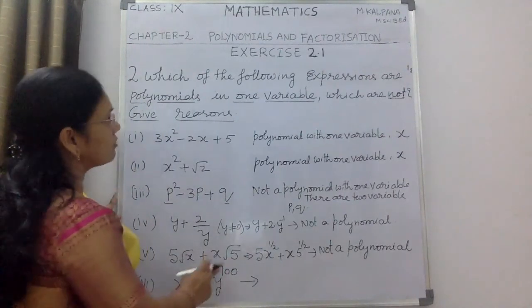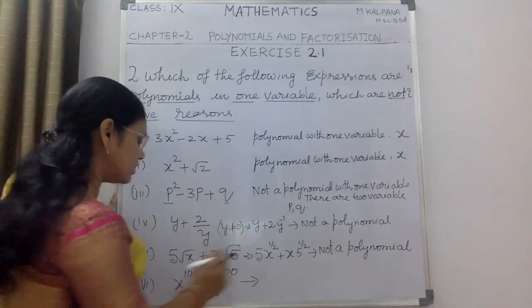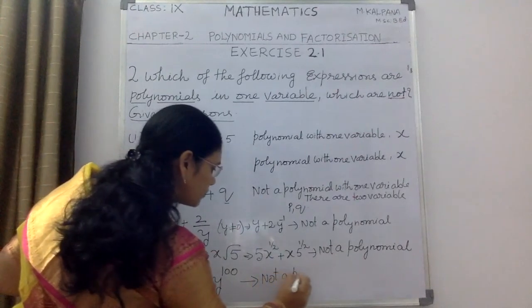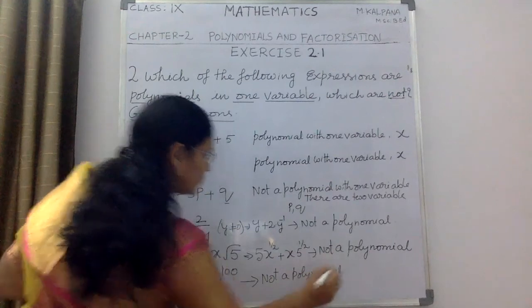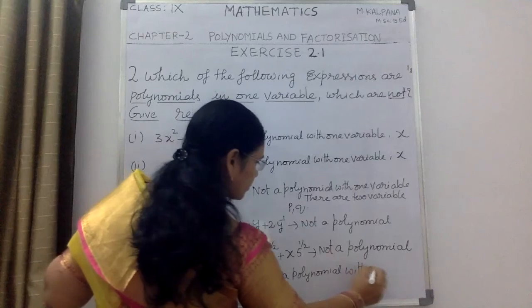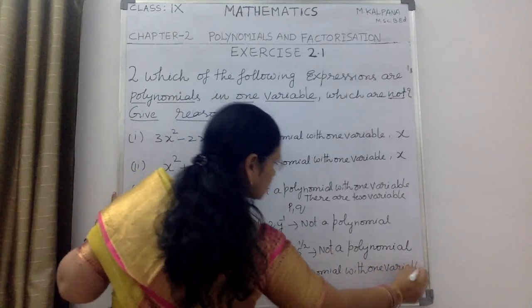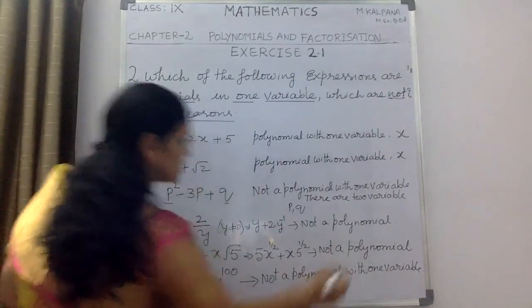What we have to check is whether it is a polynomial with one variable or not. So it is not a polynomial with one variable, because there are x and y, two variables.